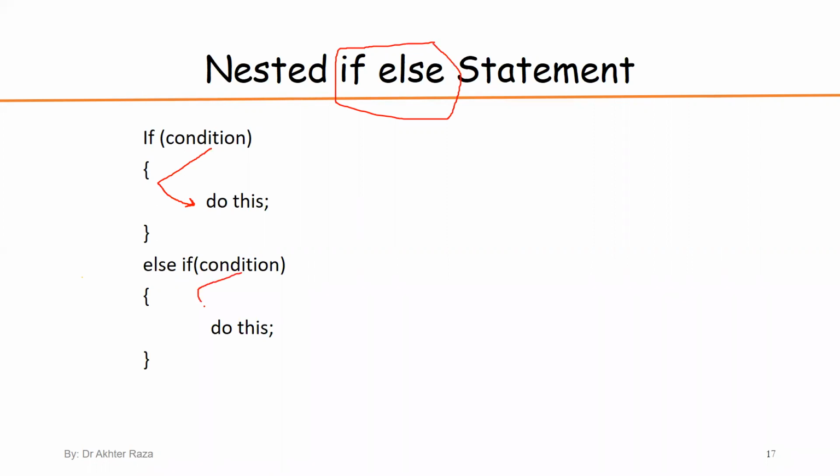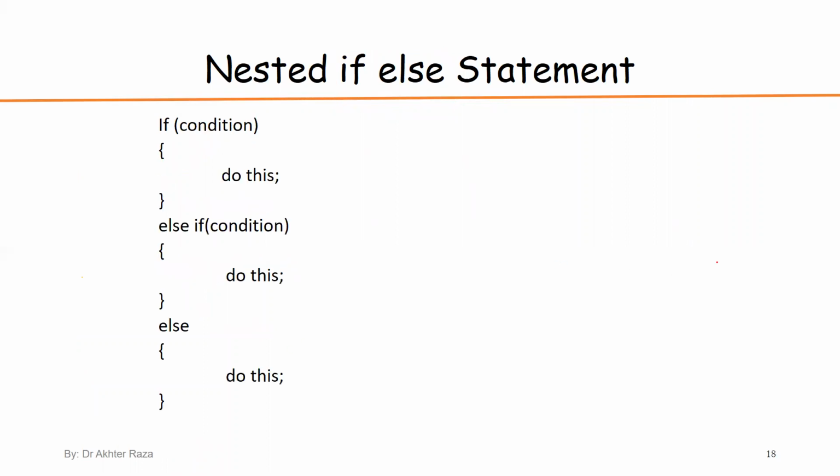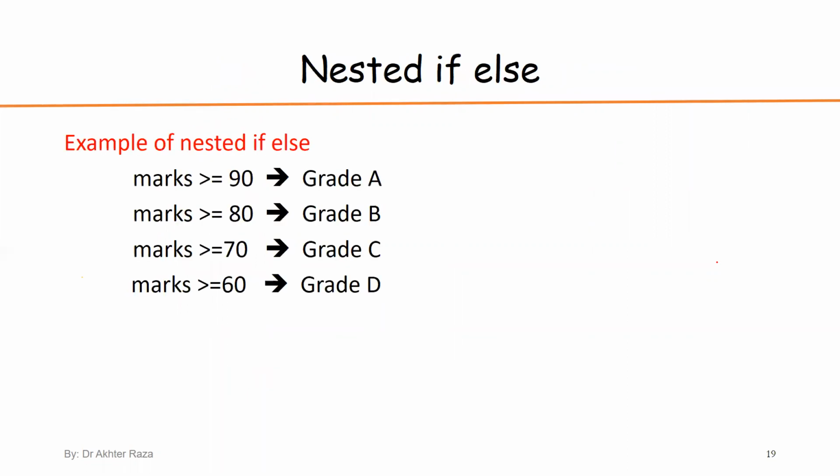The second condition is tested only if the first one is true. If the first one is not true, then it goes outside the else if command. It will not come here to check it. So nested if is a very important command and we can use it.